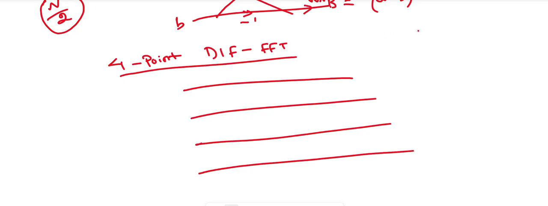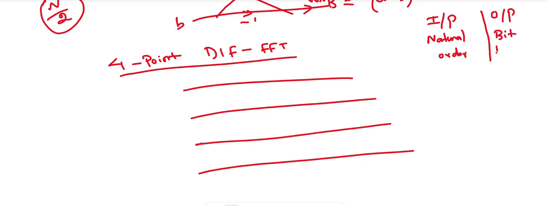So in decimation in frequency, remember that the input should be in natural order and the output is in bit reversal order. So we'll take one example.